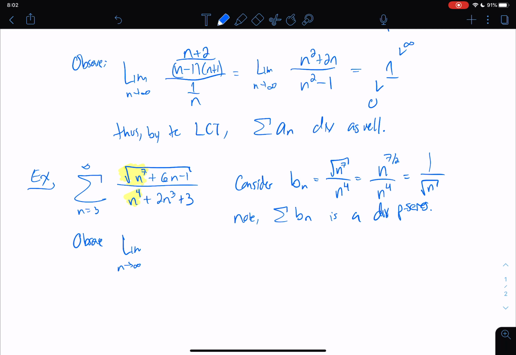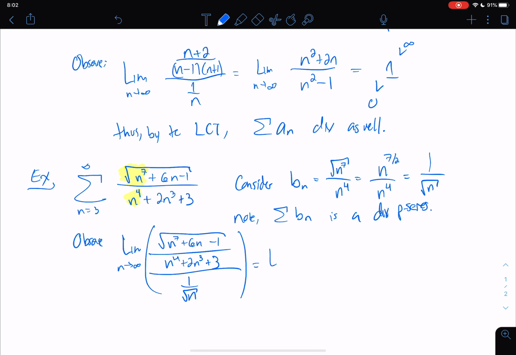So when we look at the limit, this is going to be the limit of the square root of n to the 7th plus 6n minus 1 over n to the 4th plus 2n cubed plus 3, all divided by 1 over the square root of n, which becomes, keep change flip, the limit as n goes to infinity of the square root of n to the 8th plus 6n squared minus 1 over n to the 4th plus 2n cubed plus 3.